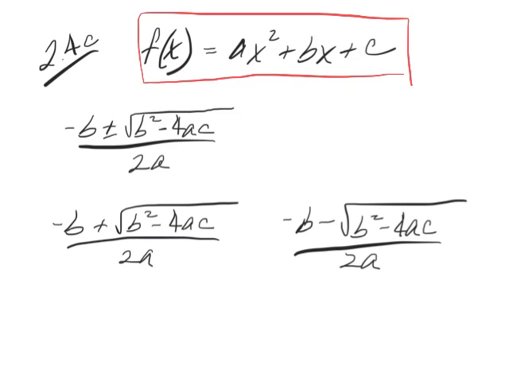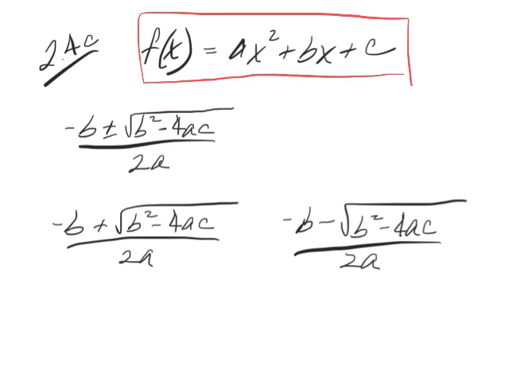So if there was a way that we could real quickly and easily find out where the vertex is of this hyperbola, or this parabola, that would be great. So this is a cool little trick in order to find out not only quick and easy where the x-intercepts are, but also to find out where the vertex is.